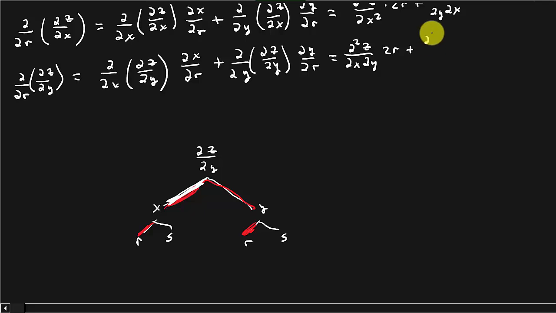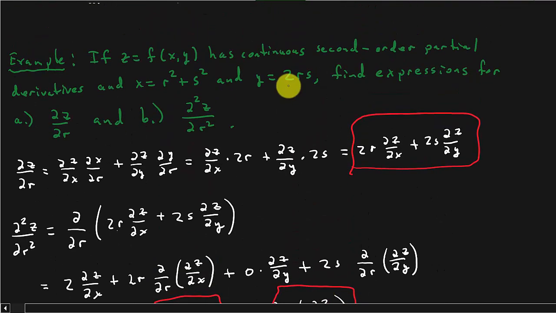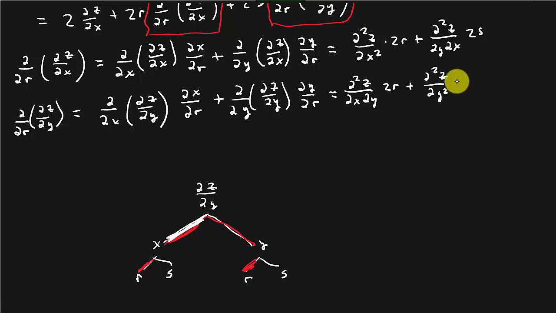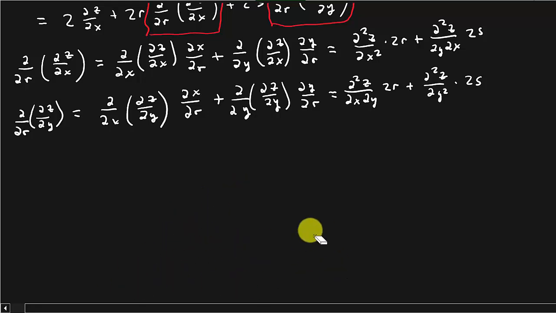Plus, that's the second partial of z with respect to y, times the partial of y with respect to r. Partial y with respect to r, that would be 2s. So times 2s. All right. So hopefully that all made sense to you. I hope it did. So now we have the second partial.